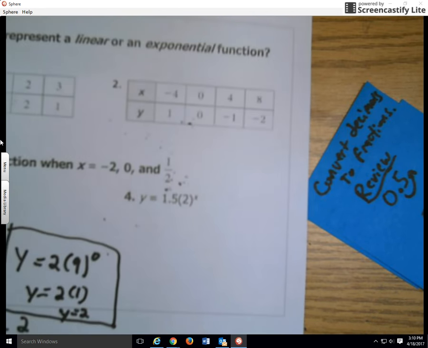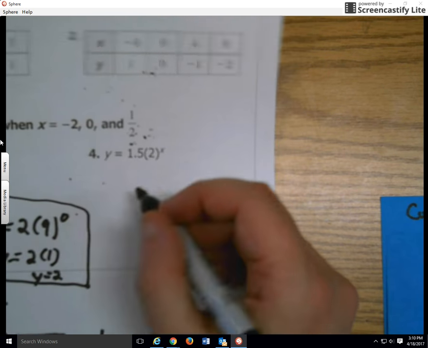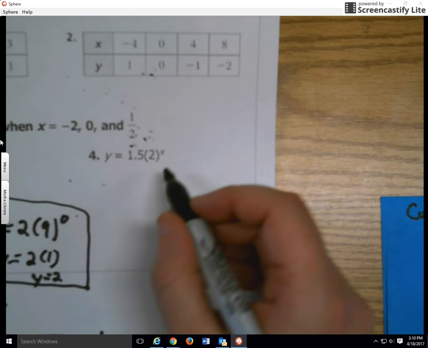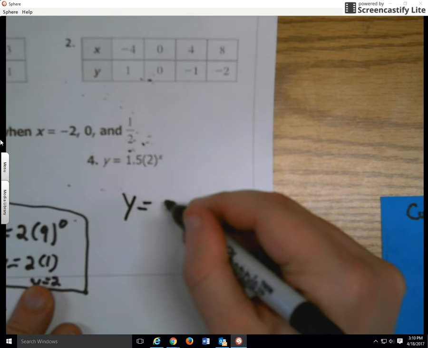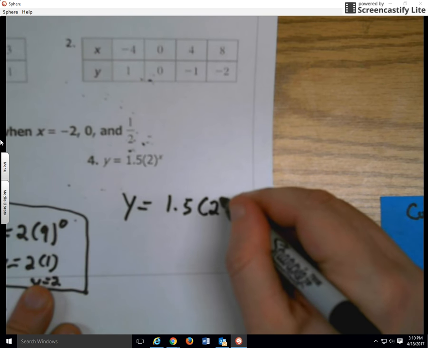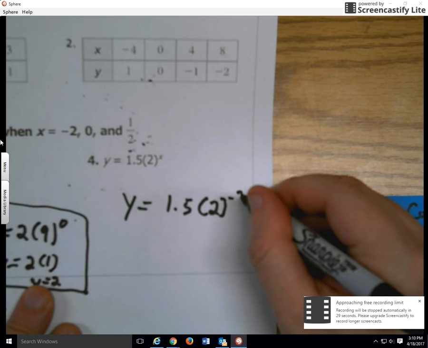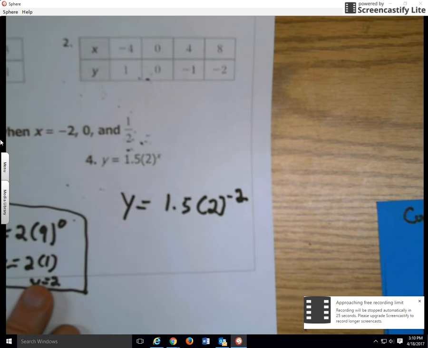Okay, let's try it again with the second one here. It says y equals 1.5 times 2 to the x, and it wants us to substitute in a negative 2. So y equals 1.5 times 2 to the negative 2 power. And it looks like we are running out of time.